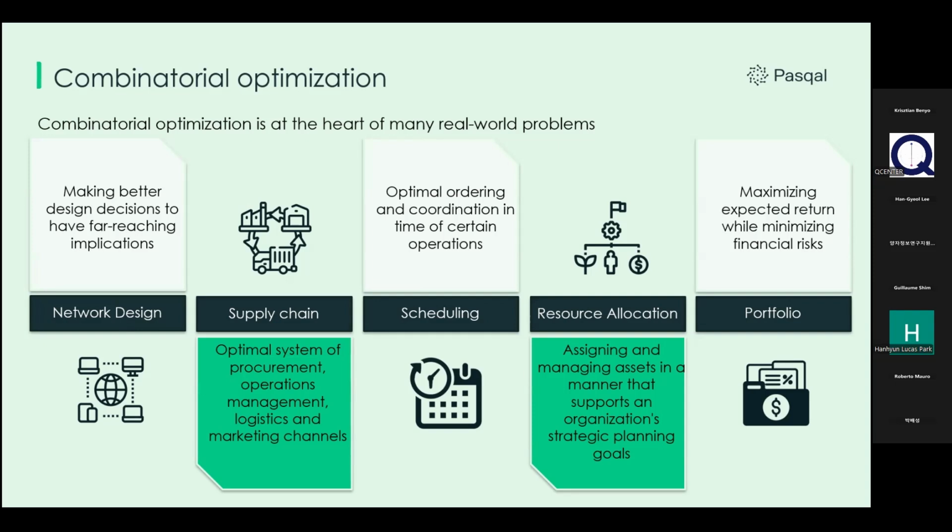People are dealing with this on a day-to-day basis. Whenever you're looking at your agenda, trying to fit in a meeting, trying to plan meetings with other people, is a very typical day-to-day life example of a simplified optimization task, but you can make the situation much more complicated.